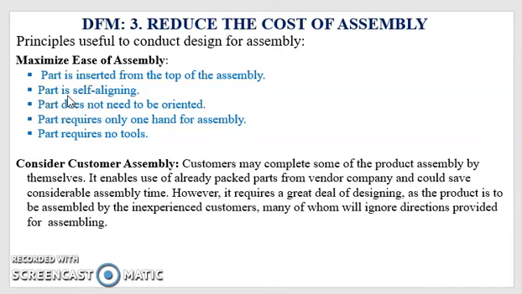Second, the part is self-aligning. Parts that require fine positioning in assembly require slow and precise movement by the assembly personnel. If the part and assembly can be designed to be self-aligning, then fine and precise control is no longer required by the worker.